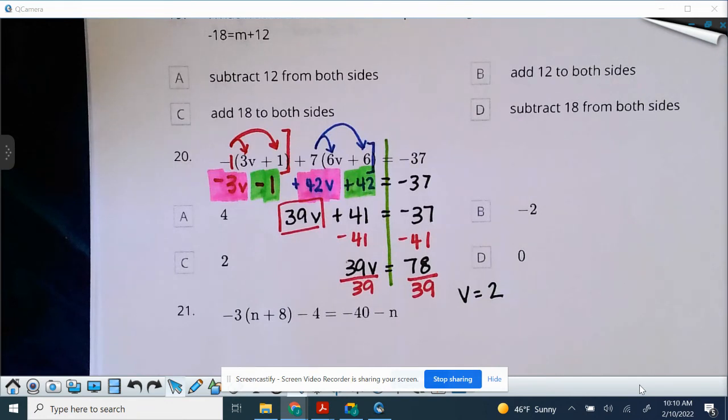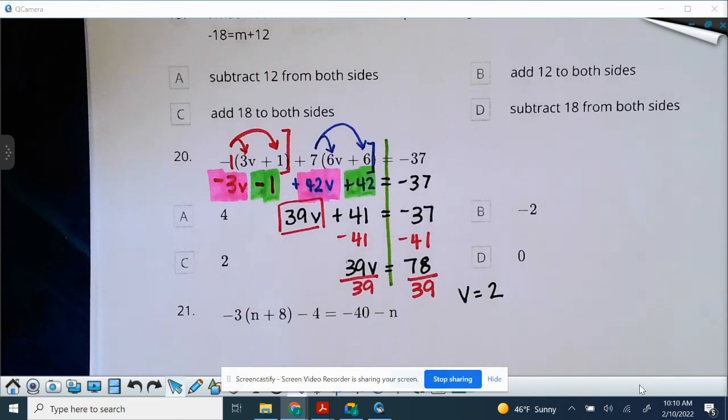Or if you work it on your paper, what answer did you guys get? Yeah. Do you see what I did wrong?